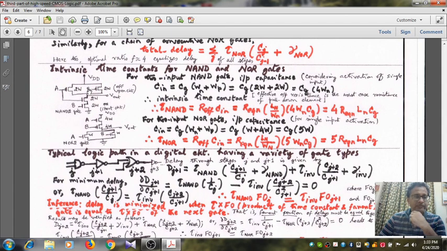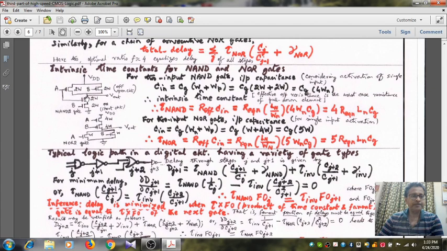Why is it so? You can well remember that in general we found that for a standard inverter the PMOS transistor size is 2W, whereas the NMOS size is W. That means the PMOS size is double that of the NMOS size.